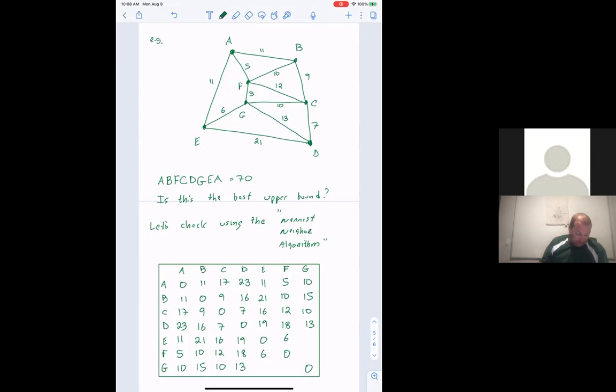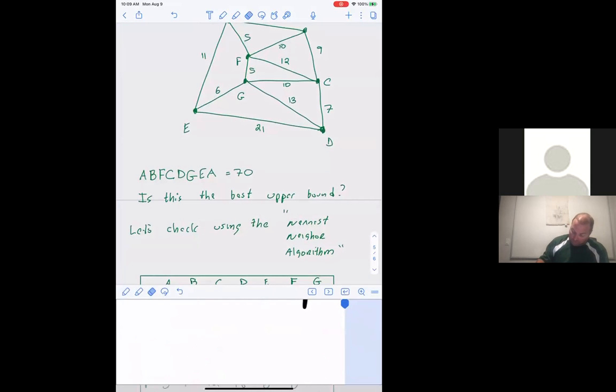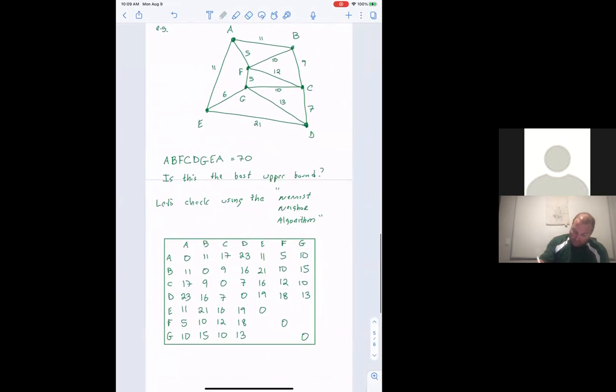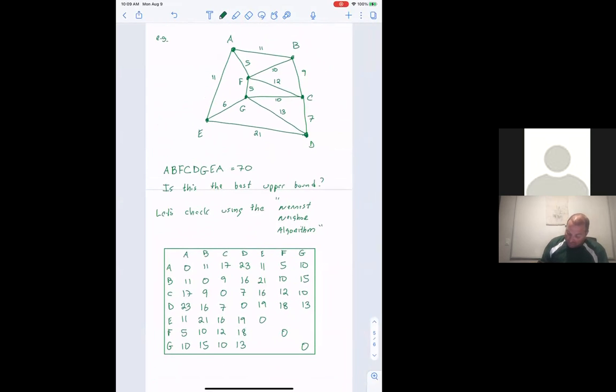Oh, I was looking at the wrong one. You've got to be very careful here. It's so easy to make mistakes. EG is 6. EF is 11. And then FG is clearly 5.